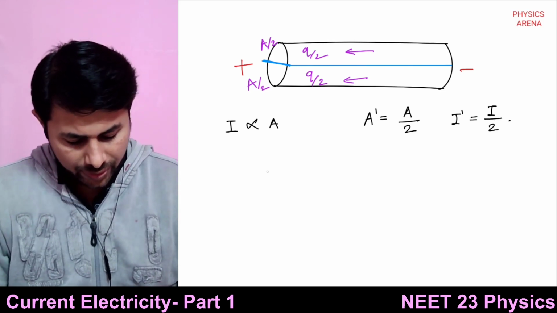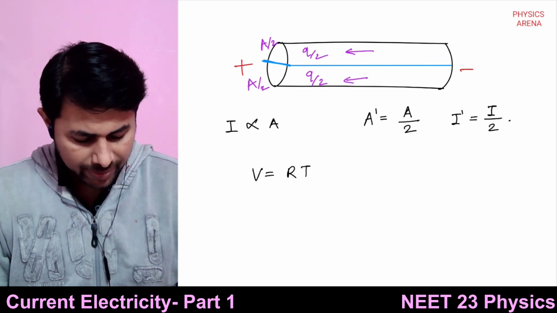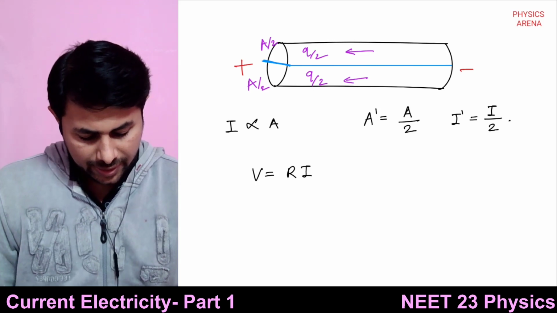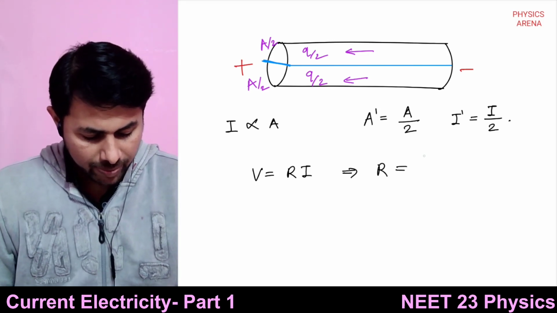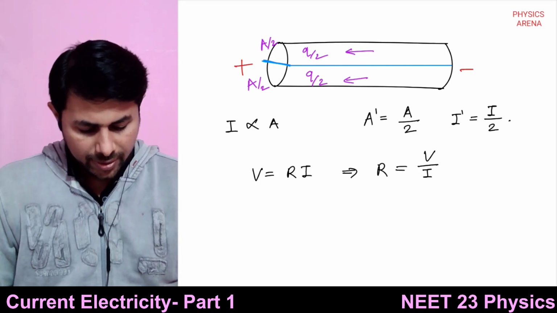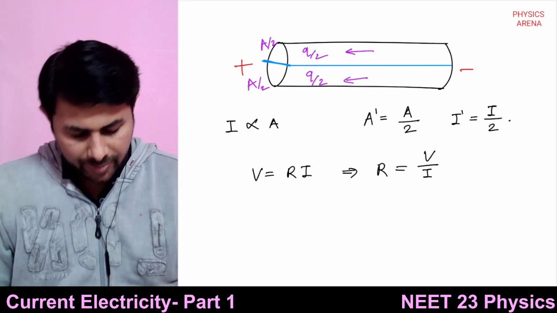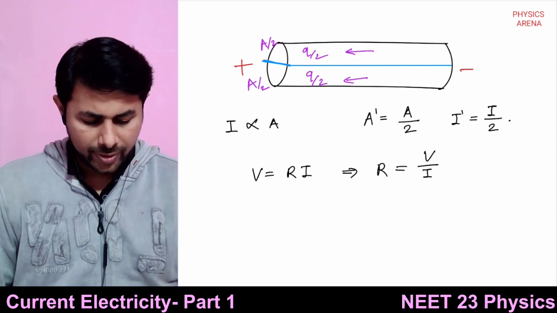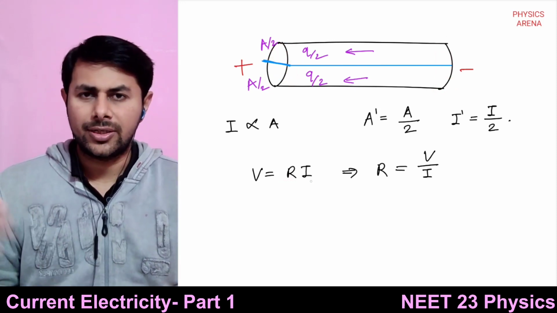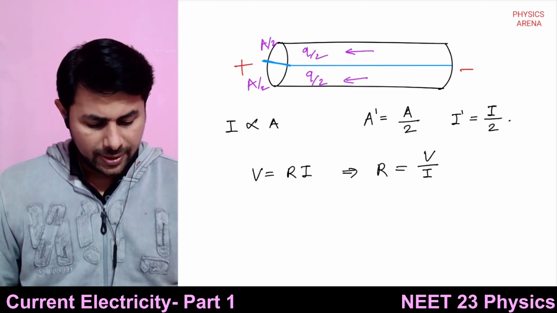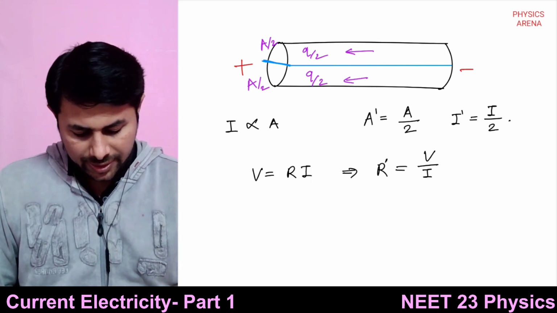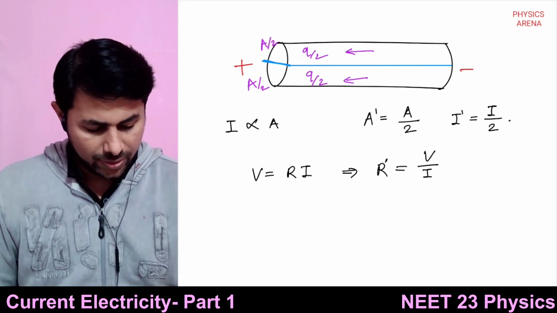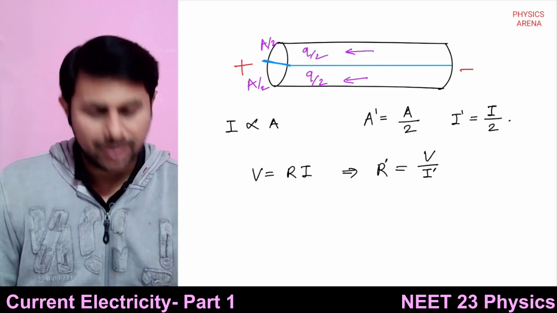Okay, and we know V is equal to R multiplied by I, that is R is equal to V upon I. But V is the potential difference across ends of this conductor, the complete conductor, whose resistance is R and current flowing through it is I, right? And we want to find out the resistance of a conductor having half of the area of cross section. So R dash will be equal to what? V divided by I dash.